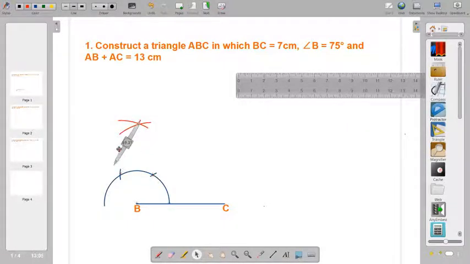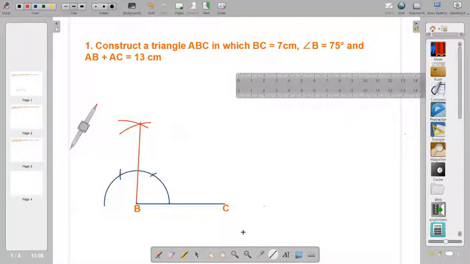Now where I got the point of intersection of the two arcs, I join it with B using a line segment. Actually, this is not the original one, children. This is 90 degrees. If you draw with a pencil, you get it more accurately.